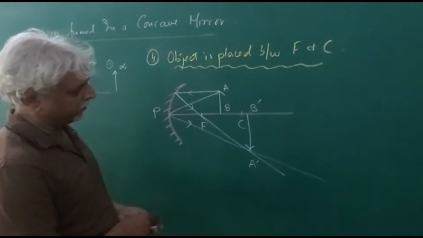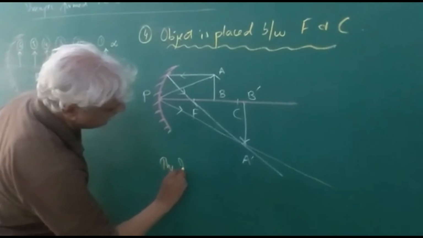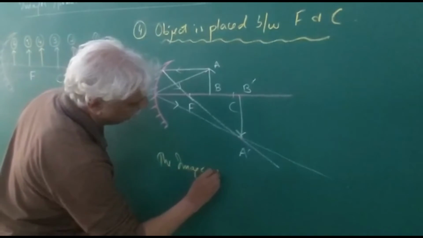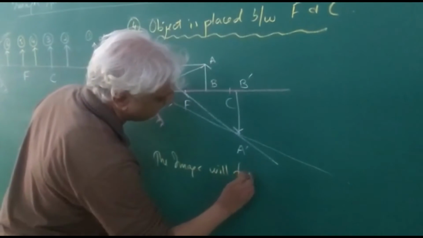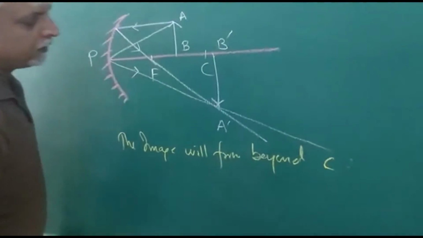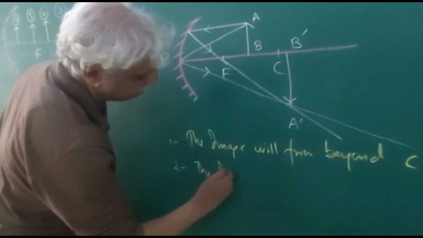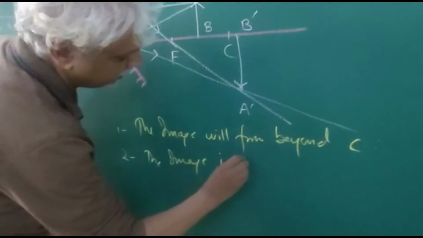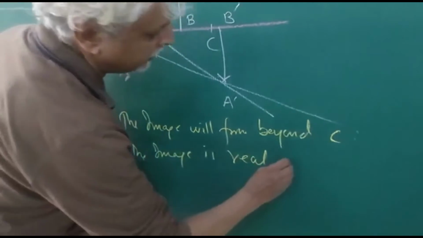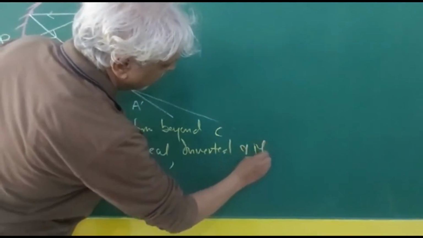The position of the image will be beyond the center of curvature C, and the nature of the image is real, inverted and magnified.